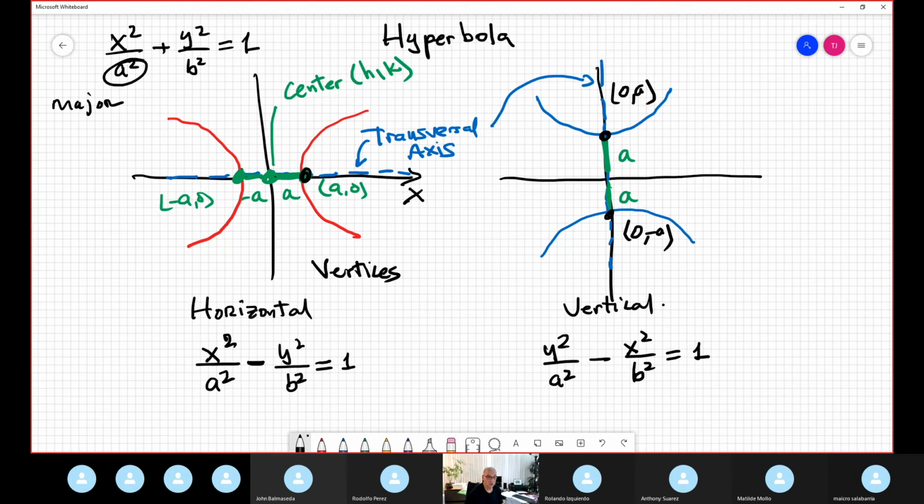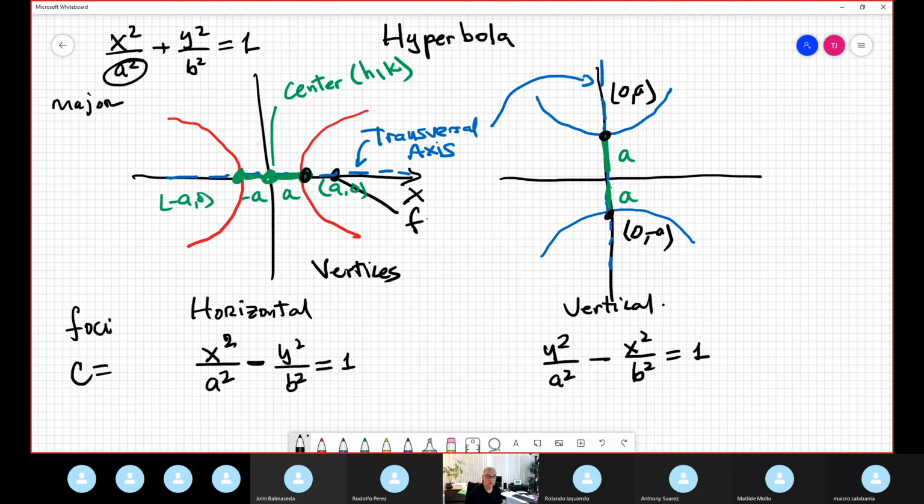And what about the focus? Well, we have two. En plural, cuando we have two, is foci. And the foci are located on the transversal axis, but the focal distance is C, similar to the ellipse.